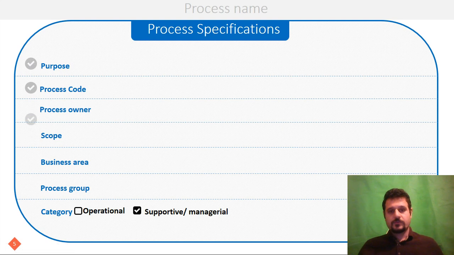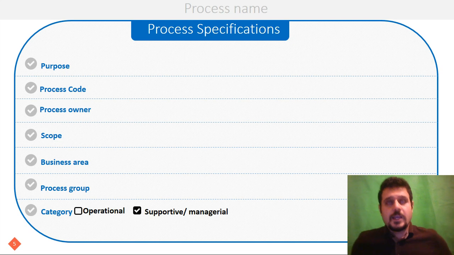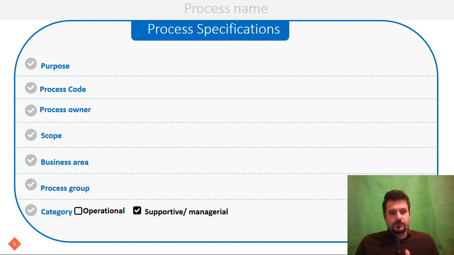Now we are diving into the specification of processes. It's very important for us to know about the purpose of processes. The purpose of a process can show us why we should do these processes. Is it a process essential for us or not? Does the process create value for us or not?